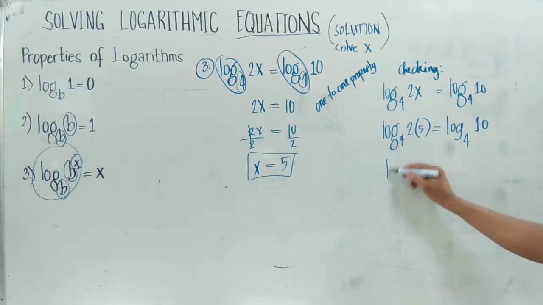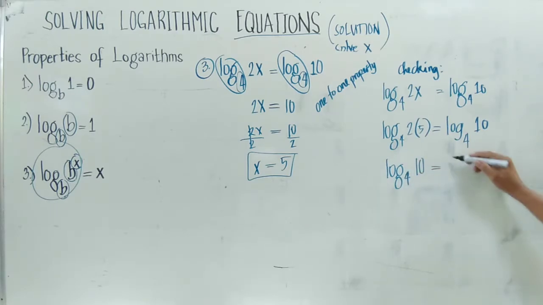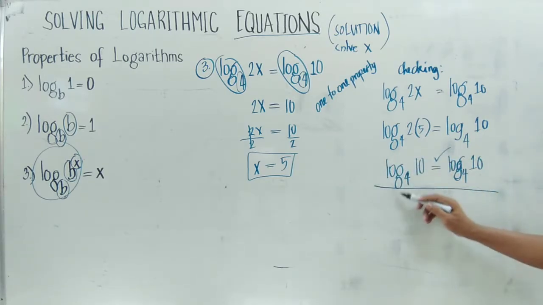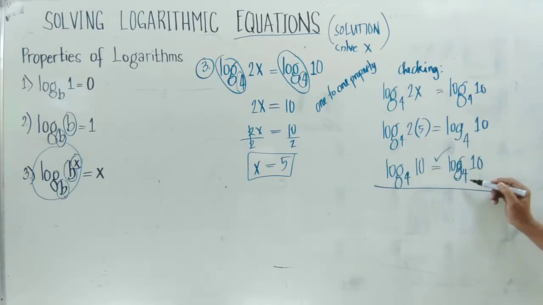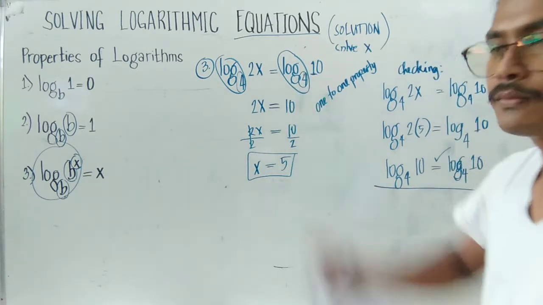So 2 times 5 is 10, and we have log of 10 base 4. If we can see, log of 10 base 4 is equal to log of 10 base 4. Therefore, x equal to 5 is the solution of your logarithmic equation.